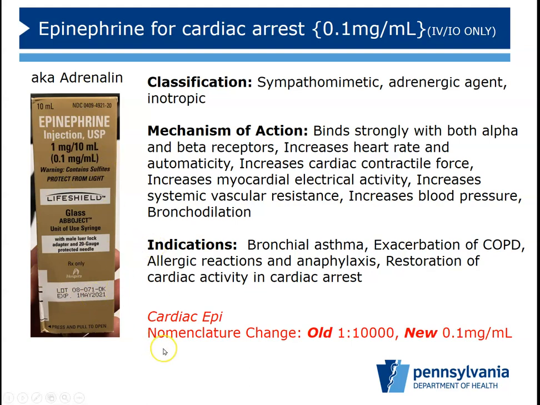But please note, in the past year or two, there has been a transition in the nomenclature that we use when we talk about their concentration. In the old nomenclature, cardiac epi used to be known as 1 to 10,000 solution. Now this new nomenclature has been changed, as we said earlier, to 0.1 milligrams per milliliter.